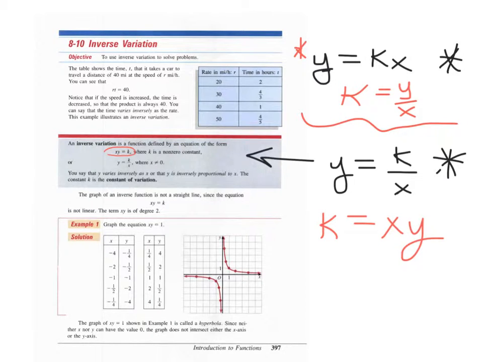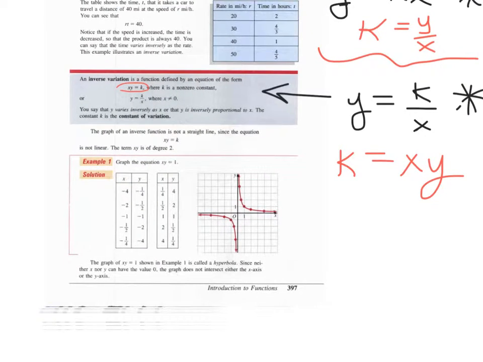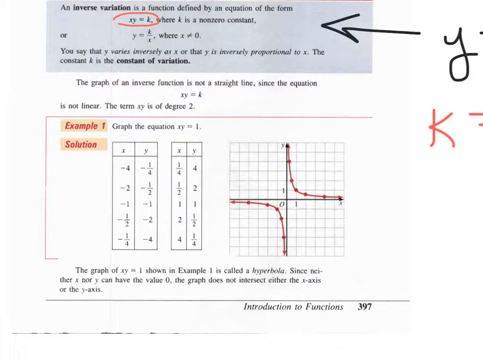So if they ask you to graph them, the best way to do this is to create a table of values. You'll be given some x's to plug in, and then you follow order of operations like we did in last night's homework, and you would get your ordered pairs. This graph is called a hyperbola. You'll do a lot of this in Algebra 2. We really won't be graphing hyperbolas in this course, okay?